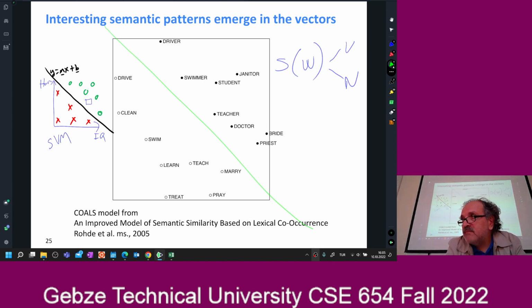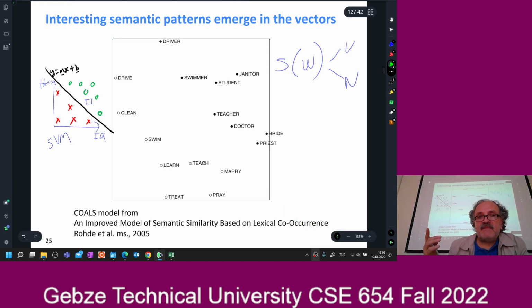Can we use the k-means algorithm? K-means is used as an unsupervised method to cluster things. The question is, can we use k-means to cluster these words into two groups?